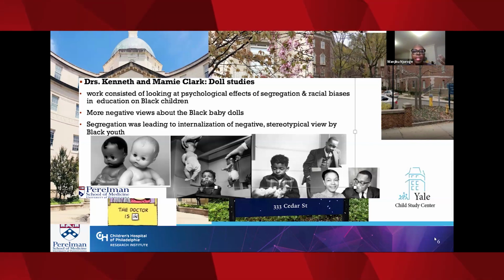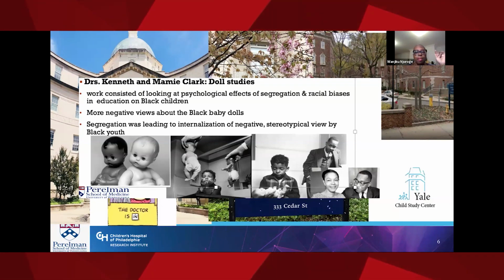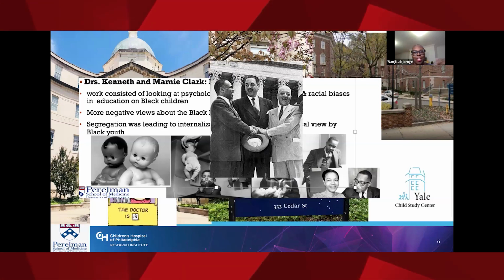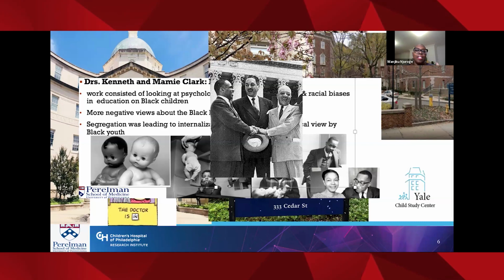This was incredibly impactful because not only was this the first time this kind of research had been done, but unbeknownst to them, about a decade later in the 1950s, this young lawyer, who you might recognize as Thurgood Marshall, and colleagues used their research and presented it for the very first time in front of the Supreme Court. So this was historic, right?